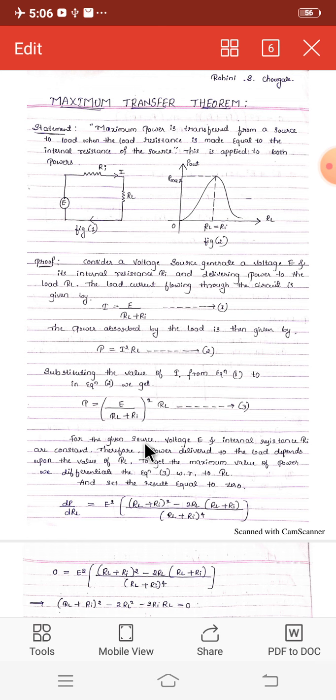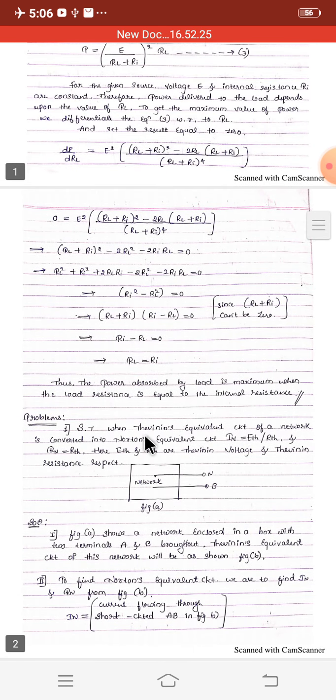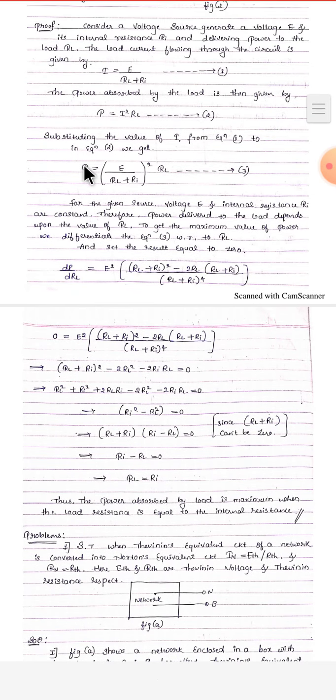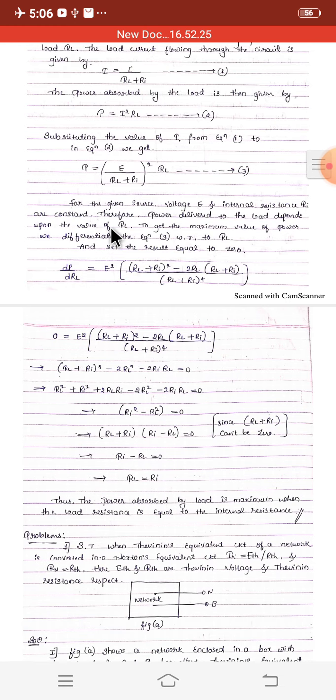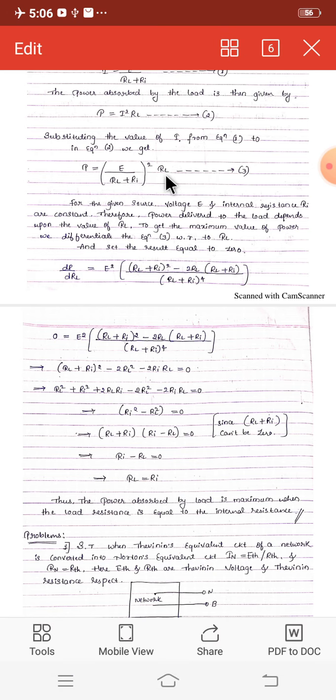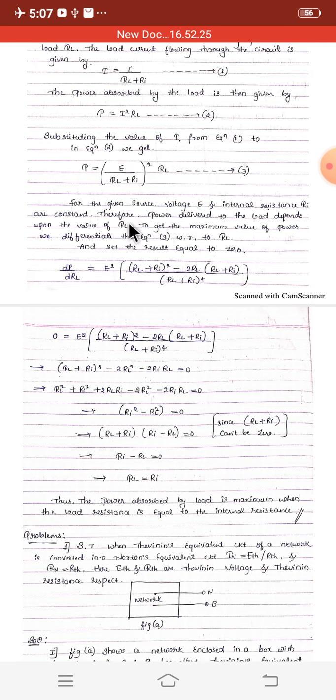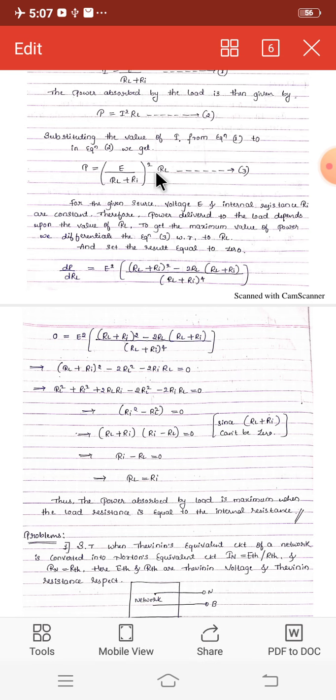See here, differentiation. P with respect to RL means dP by dRL equals, see here, apply the U by V rule. Here E squared into RL is there, so E squared as it is, and the differentiation of RL is 1.